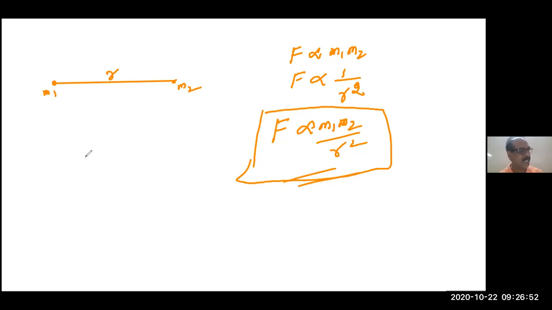Then the force of attraction between them can be written as, see this square one, F is proportional to M1 M2 by R square. Now for you it's very clear why it is M1 M2 and why it's R square.